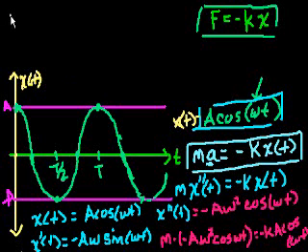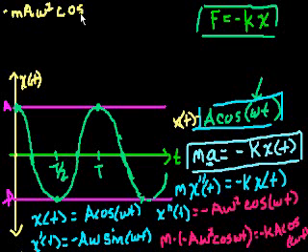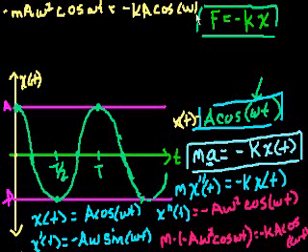Let me see if I can simplify that a little bit. If I rewrite, I get minus m a omega squared cosine of omega t is equal to minus k a cosine of omega t.